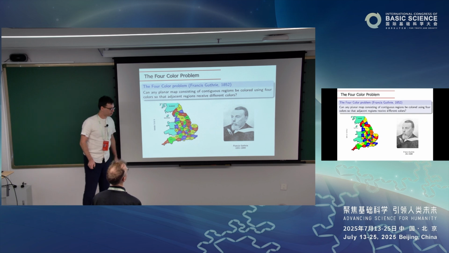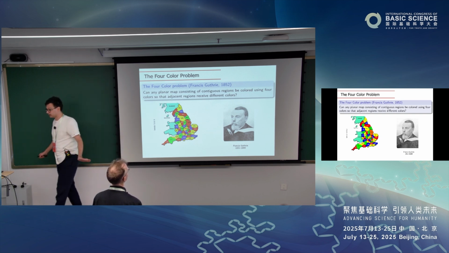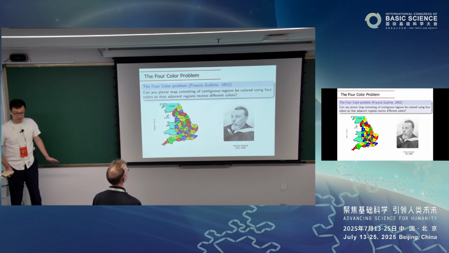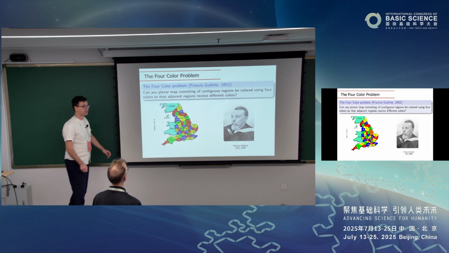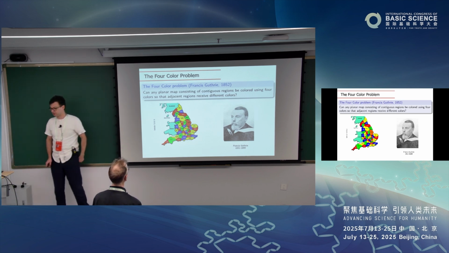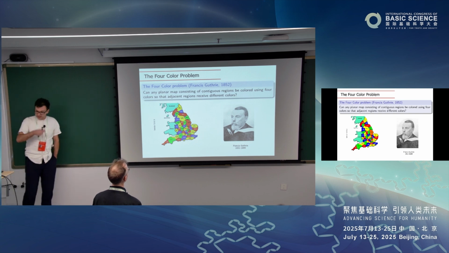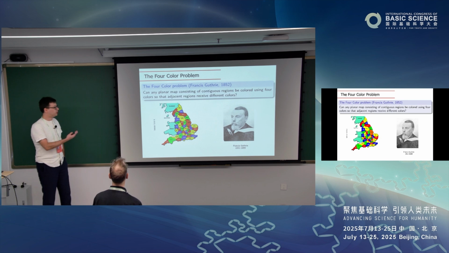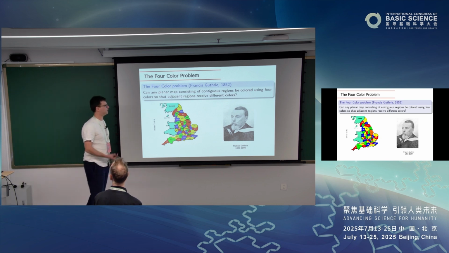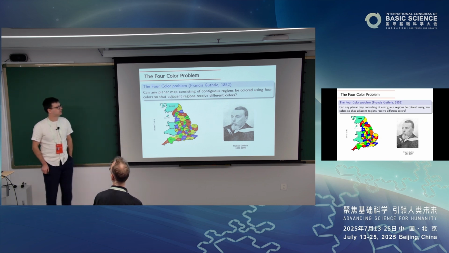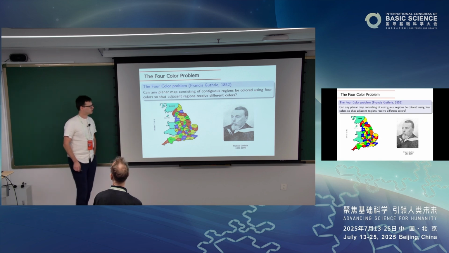All right, so the story starts at the same place as very many stories in graph theory, at the same place as Robert Tarjan's lifetime achievement talk started yesterday, with Francis Guthrie more than 150 years ago.